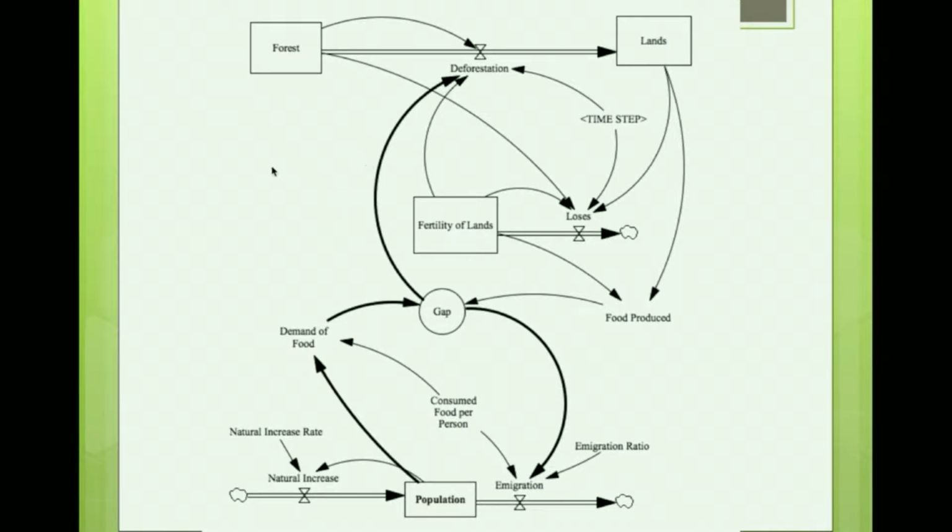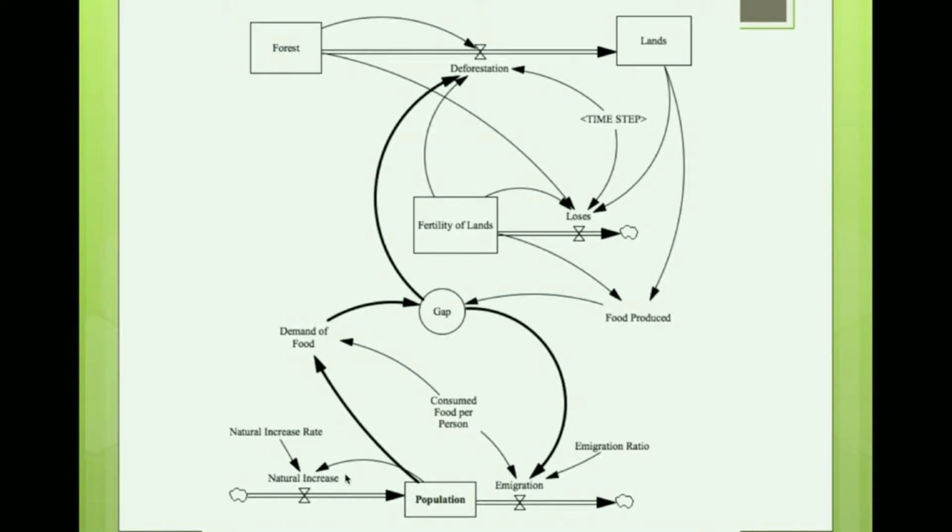This is the attempt to capture some of these factors in a Vensim model, and I'm going to look at the Vensim model from the bottom up, where we have the population stock. Population, like all models of population we've been seeing, has a natural increase rate due to births, and then here there is a decrease in population due to immigration.